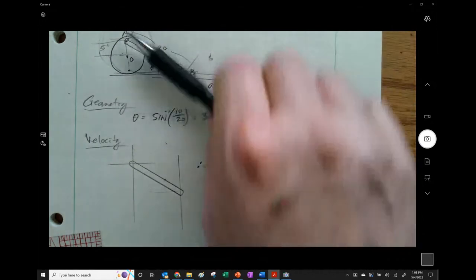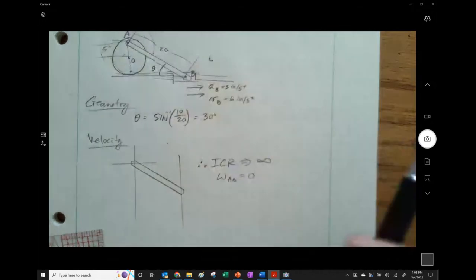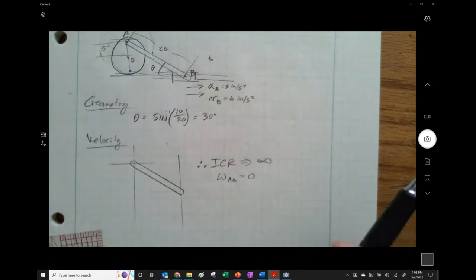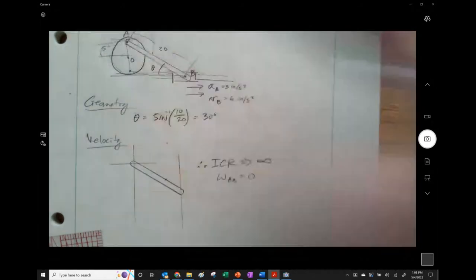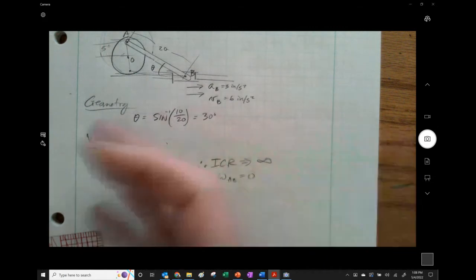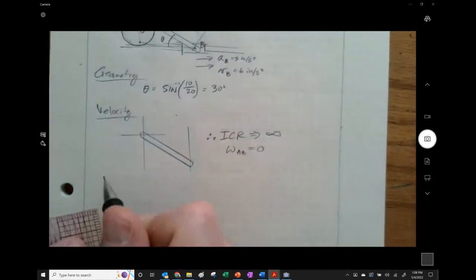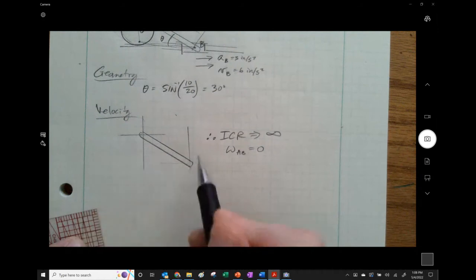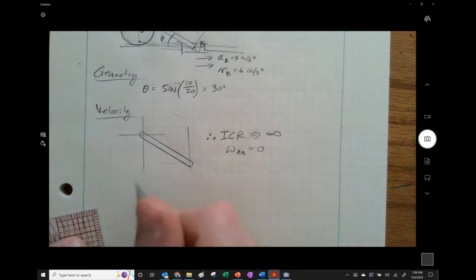At some point. So this is like the change point of his angular velocity. Therefore, it's 0. And you'll know that it'll have its maximum angular acceleration right at that point too, because when one's at 0, the other one's at a maximum. So that makes it a little bit easier because we don't have to worry about acceleration on the thing.